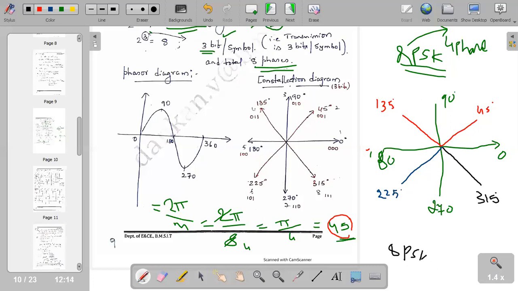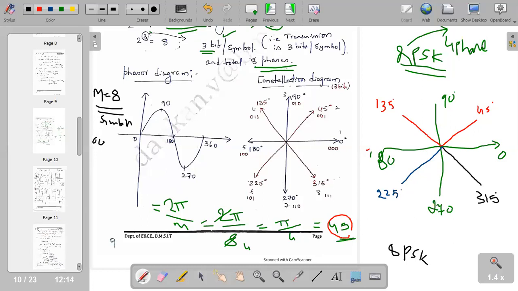Now since here it is an 8 PSK, the number of symbols used here is 8. Then we should have 8 distinct symbols. Each symbol is 3 bits, as I already told.